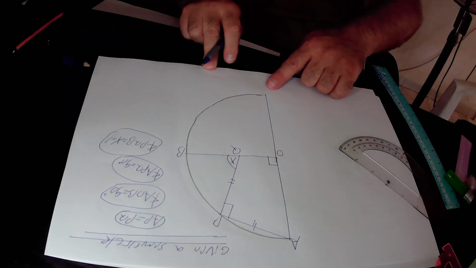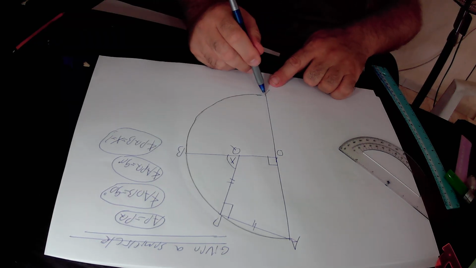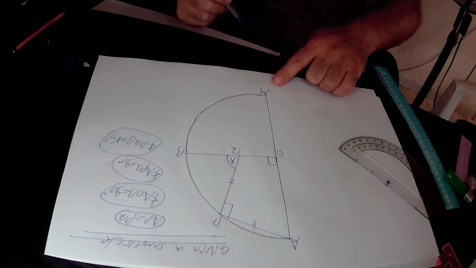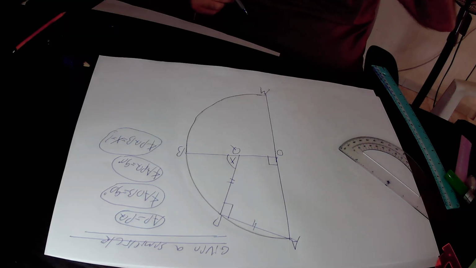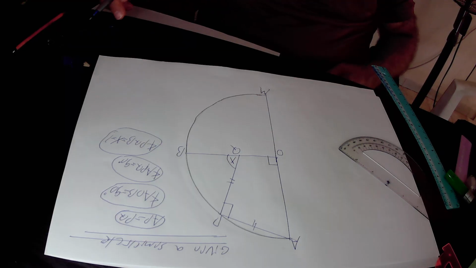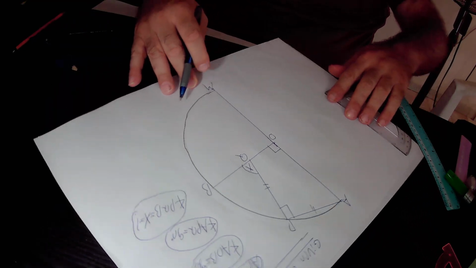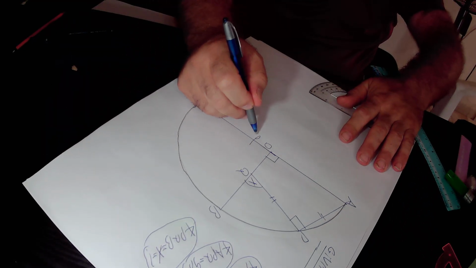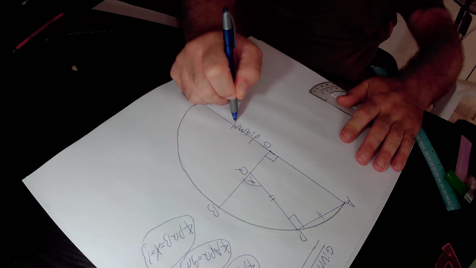And we define this point as point M. So actually, AM is the diameter of this semicircle according to construction. So write it down, AM is the diameter of the semicircle.